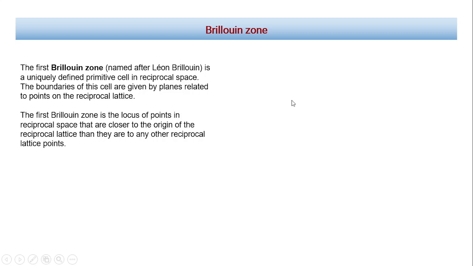A detailed treatment with a lot of derivation is already there in the lecture. So here I'll only brush up on these things, or only touch the parts which may not have been covered in those lectures. So how do we get the Brillouin zone? The Brillouin zone is a concept that we talk about when we are in reciprocal space.